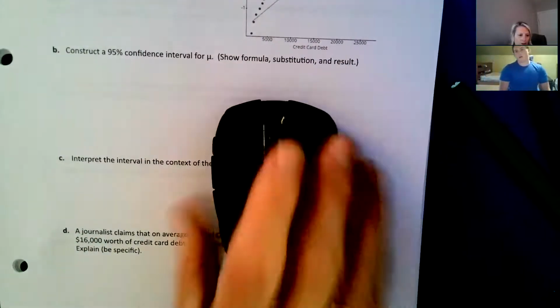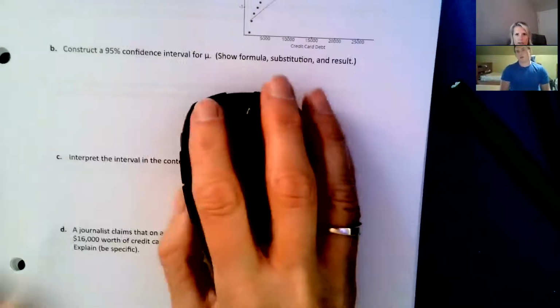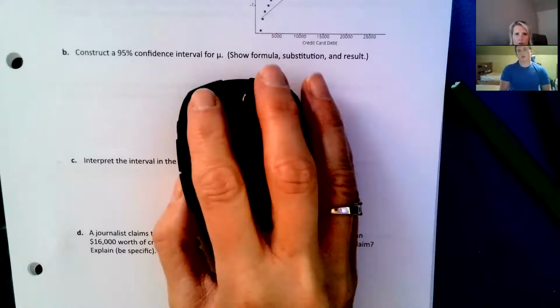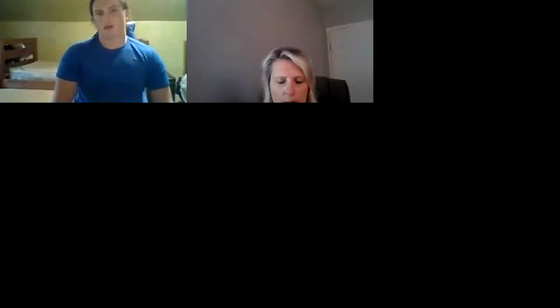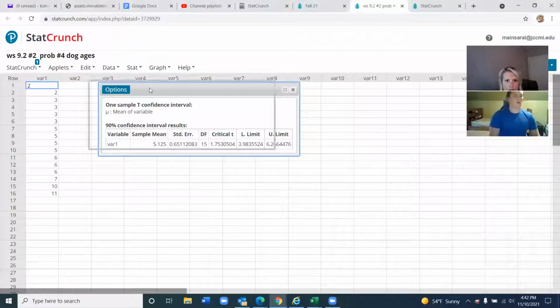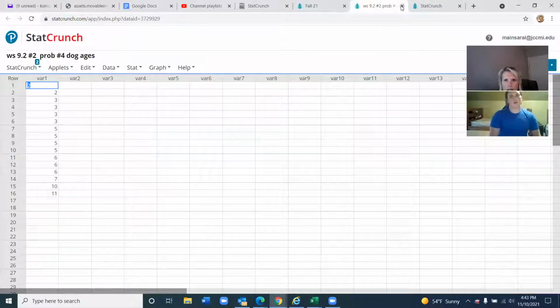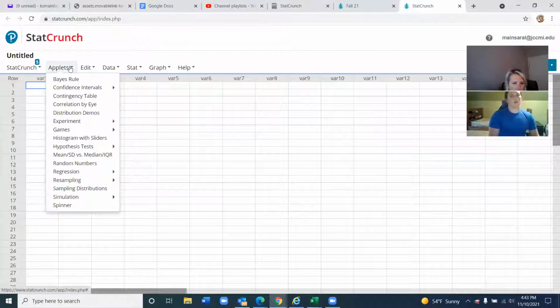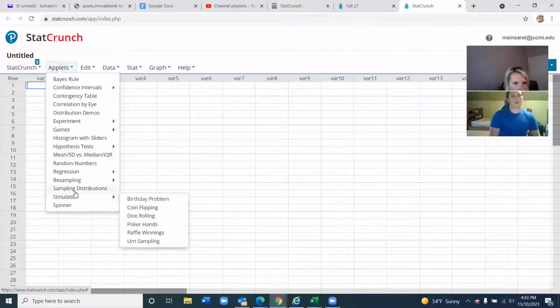I'm giving everybody credit for the chapter 8 project because I wanted to spend time doing that in class together. I thought it was a good one to do together. So the chapter 8 project asked us to go into the applets, I think it was the sampling distributions.